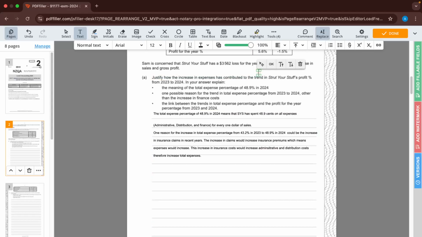And then for the final bullet point, they say the link between the trends in total expense percentage and the profit for the year percentage from 2023 to 2024. An increase in insurance wouldn't increase their sales, for example.